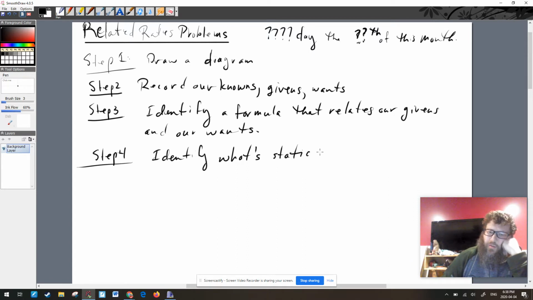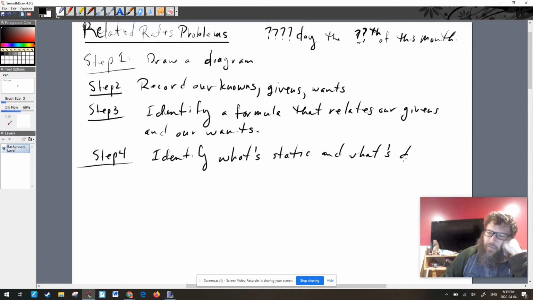Why it's important to know if it's static is that if something's static, we can substitute in a value right away, because its rate of change with respect to time is going to be zero. In theory, you don't have to substitute right away, but it makes our differentiation life dramatically easier. So we're going to identify what's static or unchanging and what's dynamic.